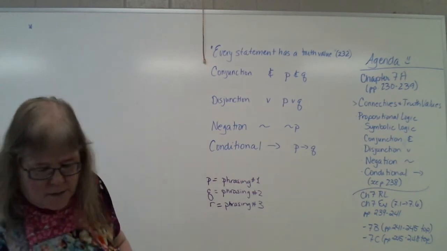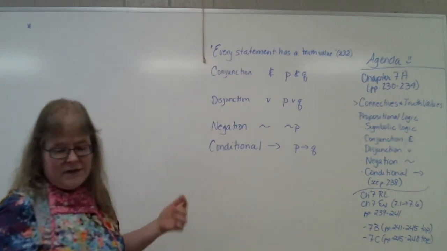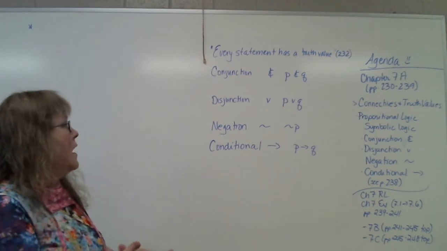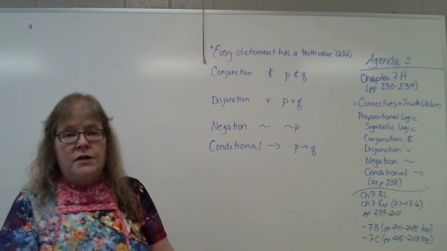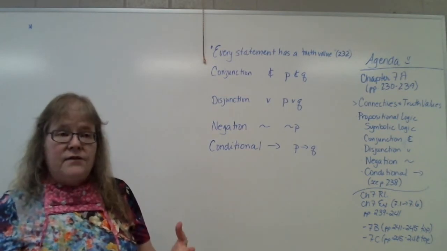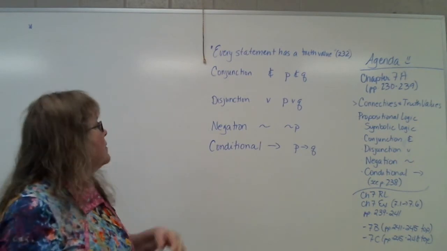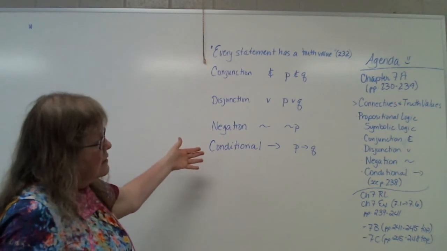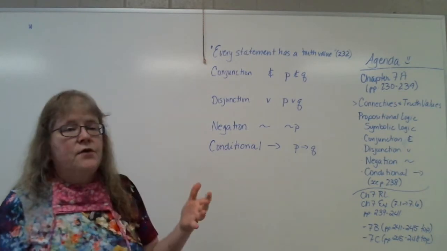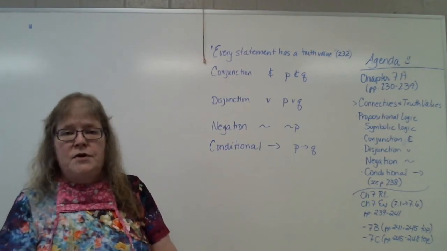So far, not too horrible, right? And I have this other stuff up here I have to show you. We have basically 4 symbols that we're going to use, 5 if you count parentheses, but they're a little bit later. These are the symbols that get the work done, telling us how these different phrasings, these different statements, are put together.